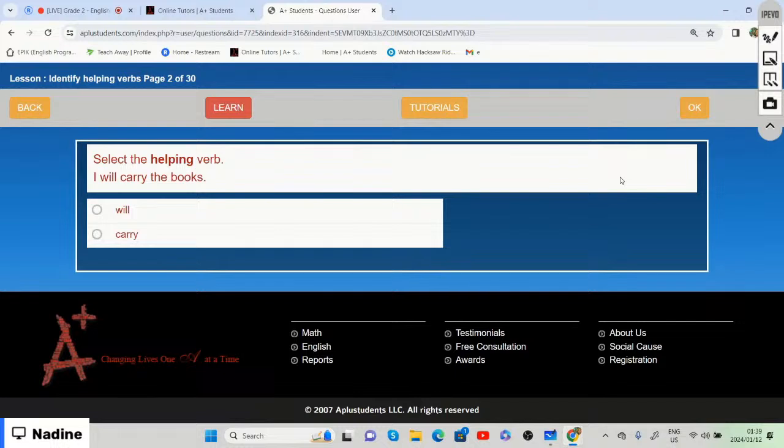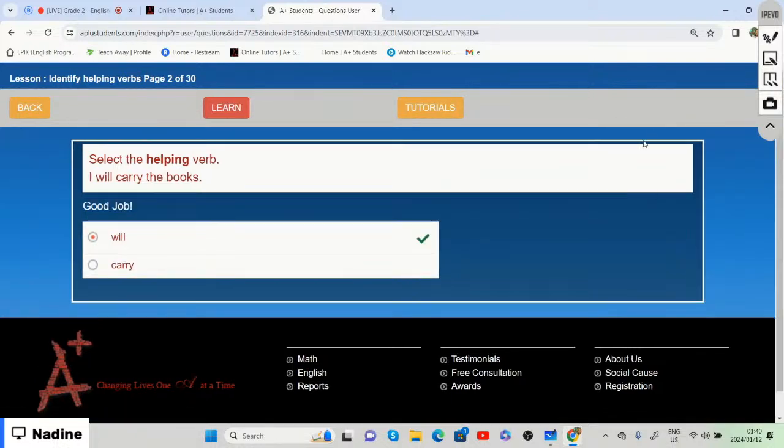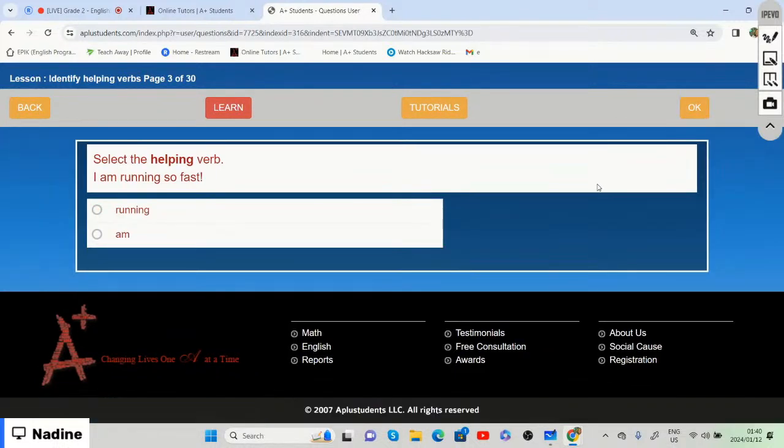And if we look at the helping verb, we will say the helping verb is will. And our main verb is carry, which means that the word will is our helping verb. So I will carry the books, and will being our helping verb.